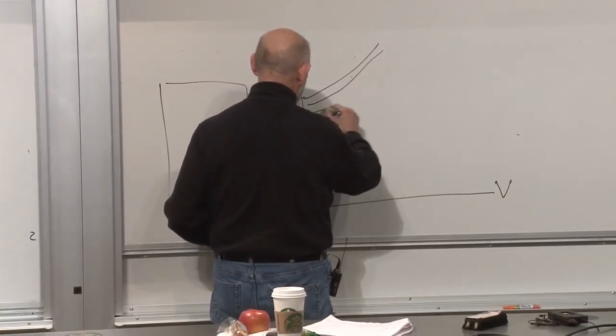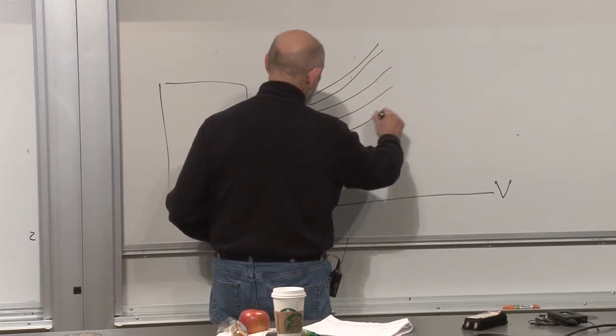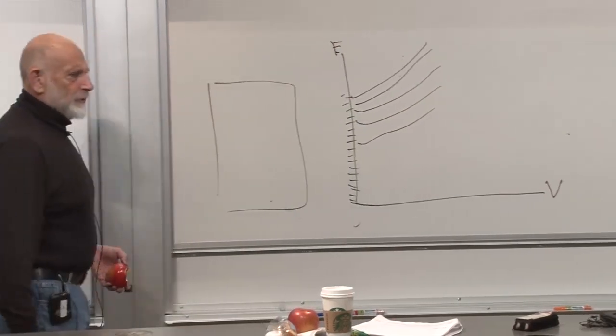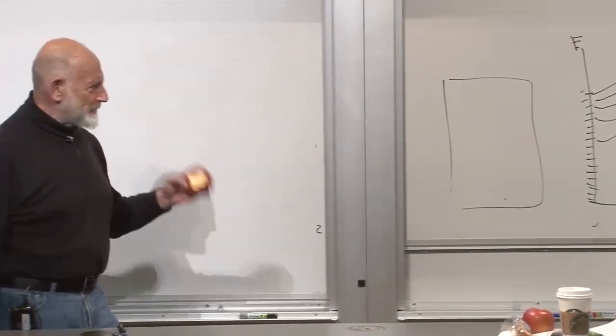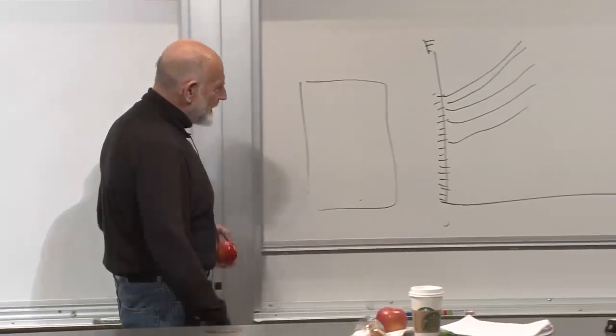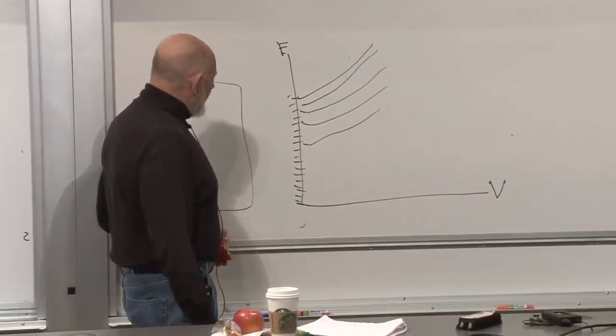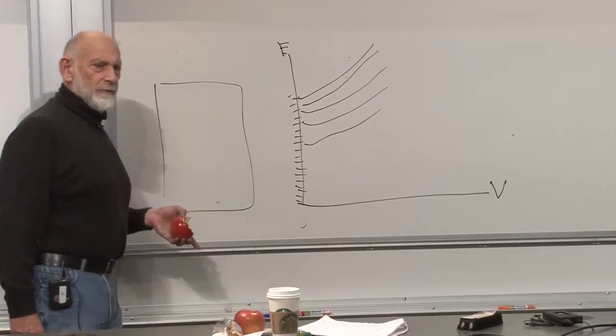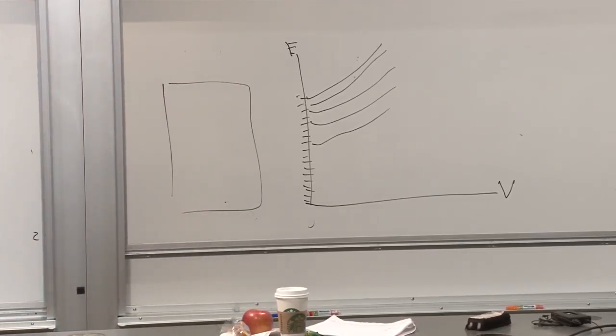Actually, I've got it right upside down. As you increase the volume of the box, the individual energy levels surely go down, but it doesn't matter because we're just being general. We could imagine a situation where the energy levels go up. It doesn't matter. All right.